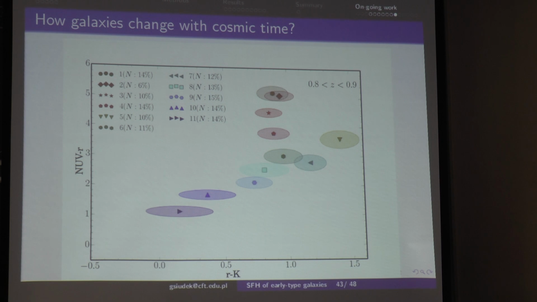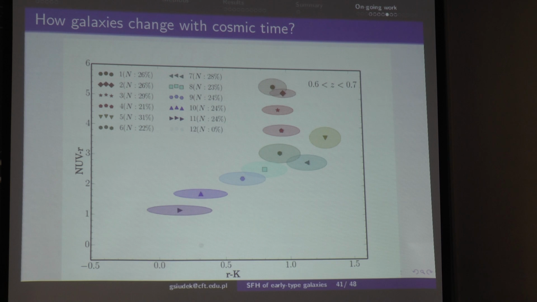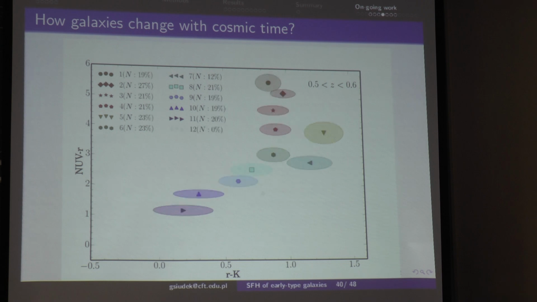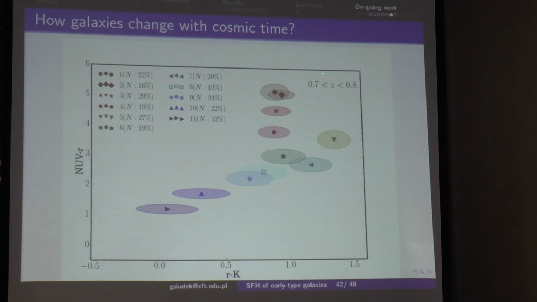Not too much, but some change we can see. For example, look at this group of red passive galaxies, which I'm particularly interested in. We can see that they are quite well distinguished. And now at about 0.7, these two groups are together.